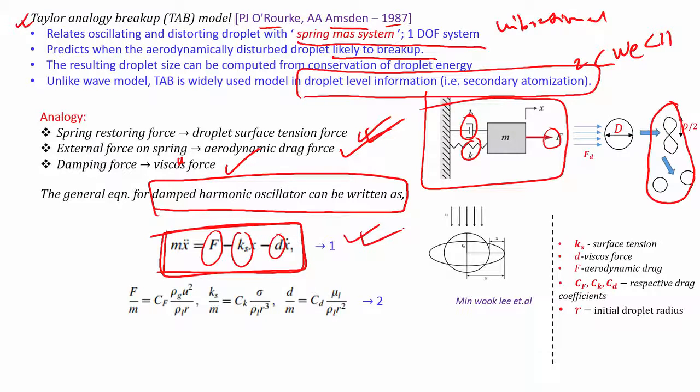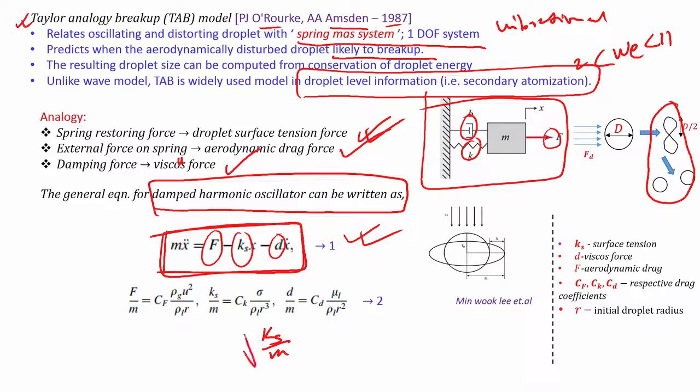Now, if you write it in this particular form, you will find that the individual terms will be like this. If you look at them carefully, what is Ks by m?